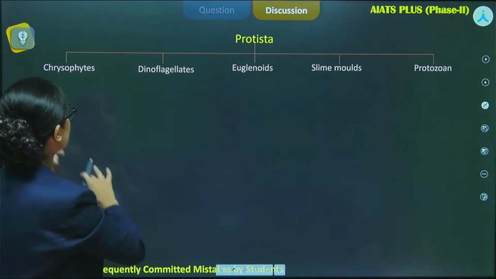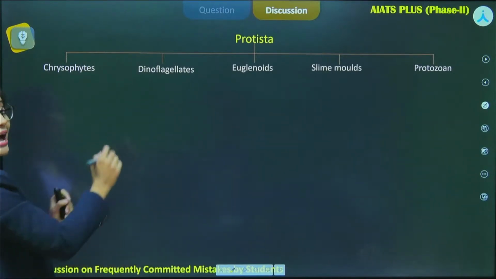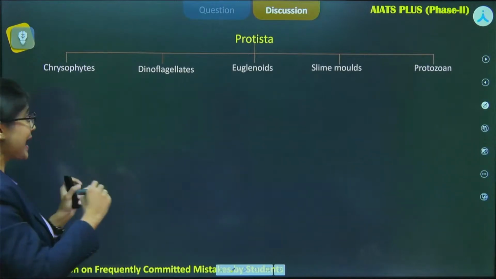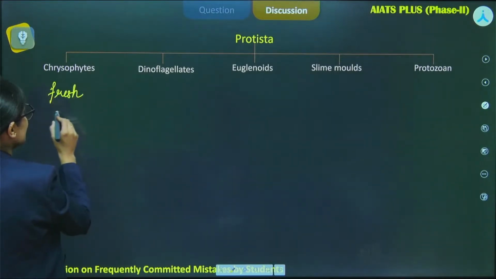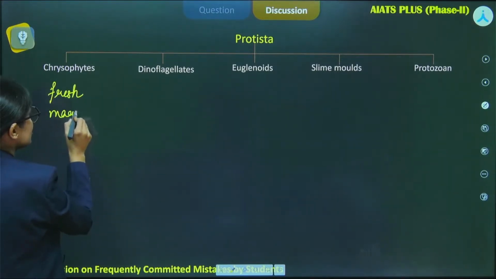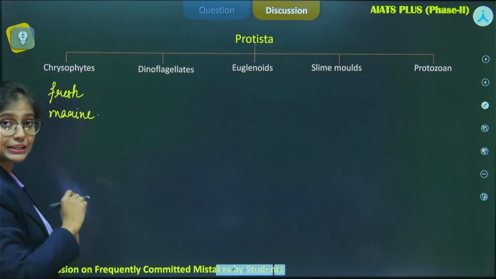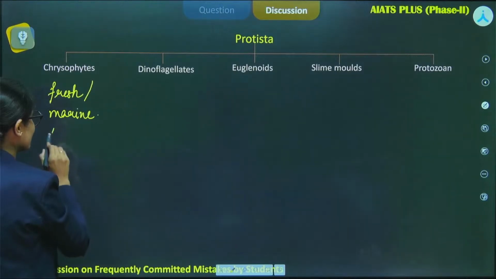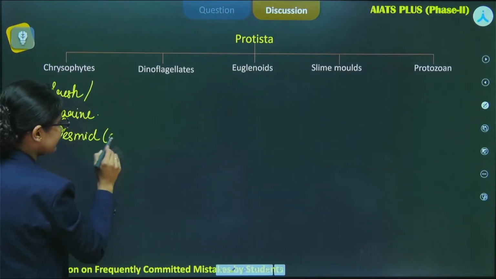If we talk about the first one, which is chrysophytes, and first we talk about the habit, then they are found in fresh water as well as in marine environment, right? And it includes desmids, which is golden algae.